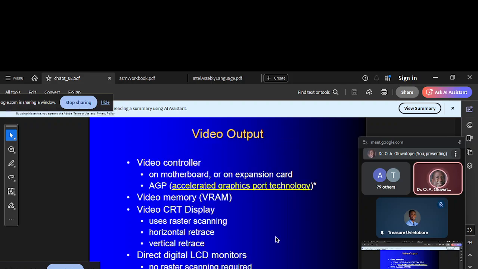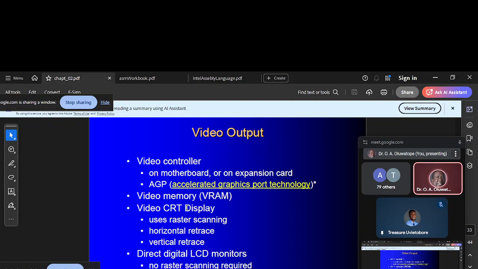And then you also have video output, which provides a video controller, video memory, and then a port for the CRT, cathode ray tube display, and also makes provision for LCD or modern display devices.